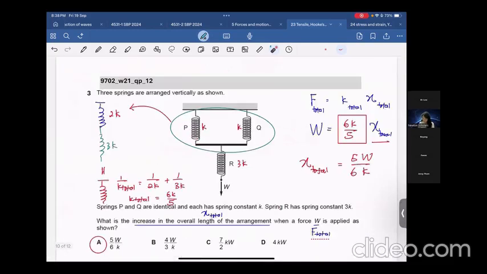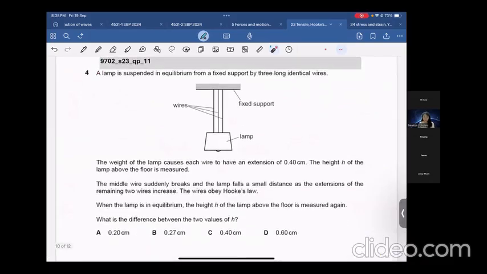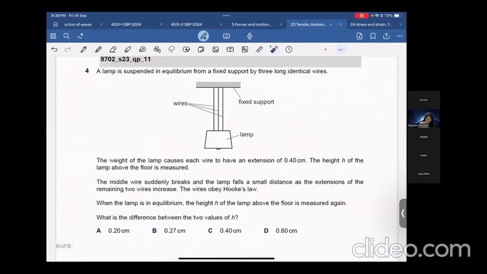Boys and girls, the last question for this lesson, for this worksheet. The lamp is suspended in equilibrium from a fixed support by three wires. So initially we have 3 wires to support it.